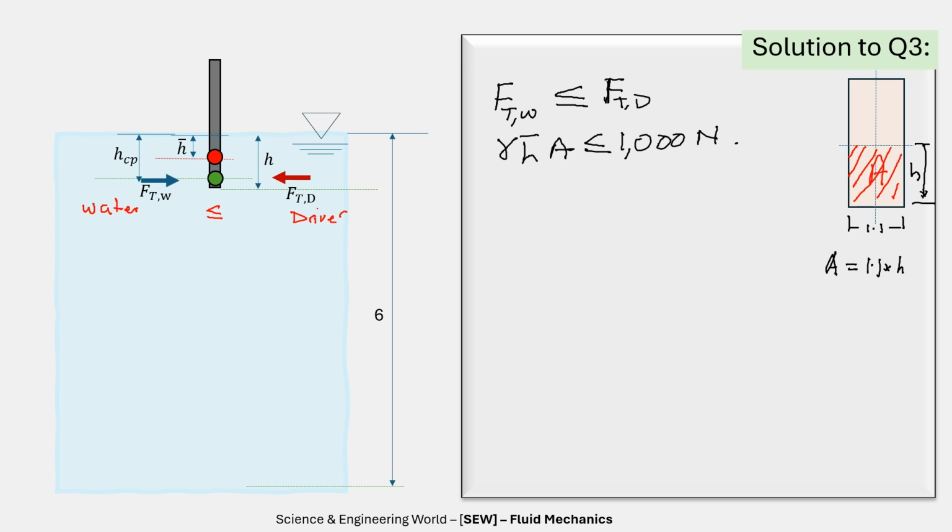So H bar will be equal to half of H. We also know that gamma, which is the specific weight of the water, is given as 10,006.2 Newton per meter cube.